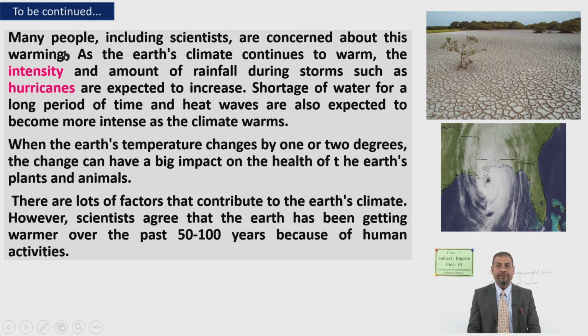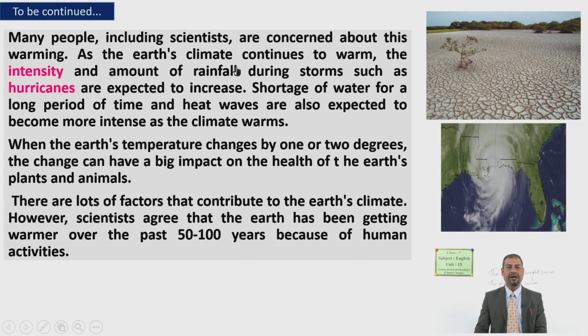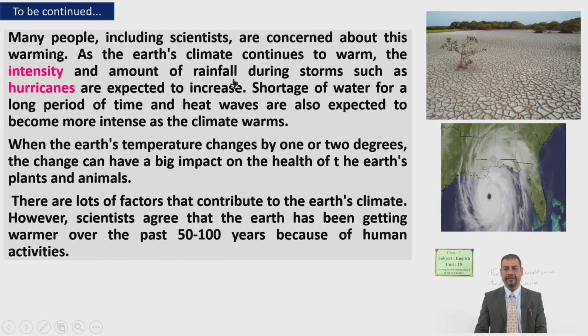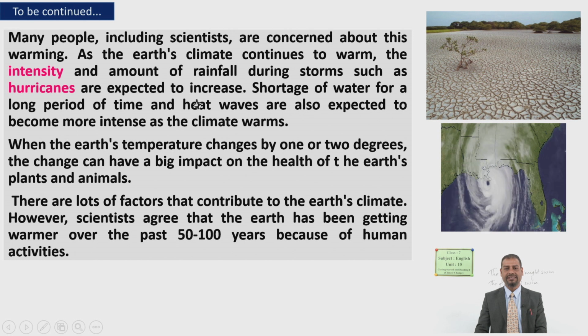All of you read with me. Many people, including scientists, are concerned about this warming. As the Earth's climate continues to warm, the intensity and amount of rainfall during storms such as hurricanes are expected to increase. Shortage of water for a long period of time and heat waves are also expected to become more intense as the climate warms.